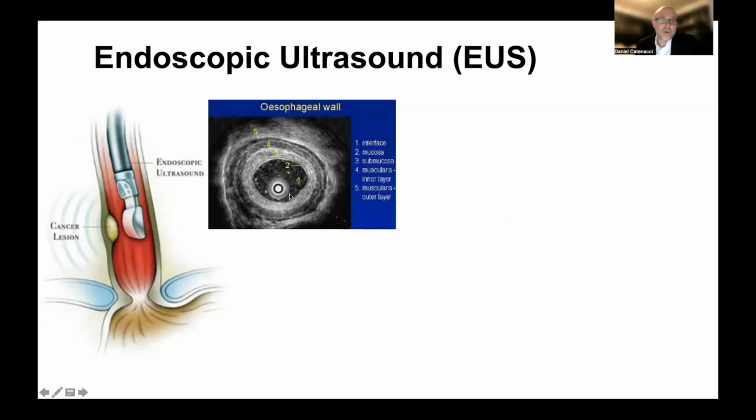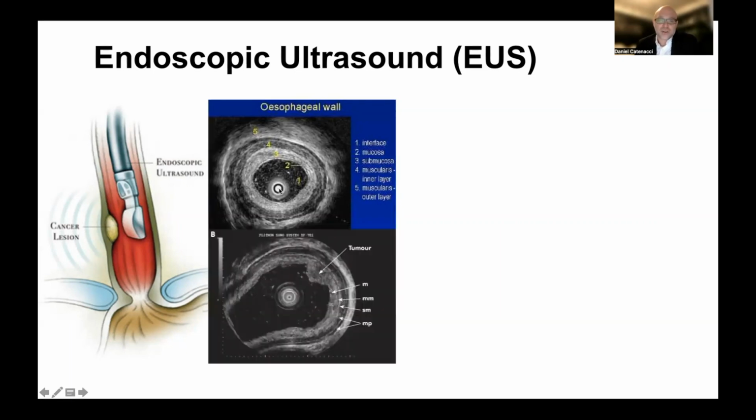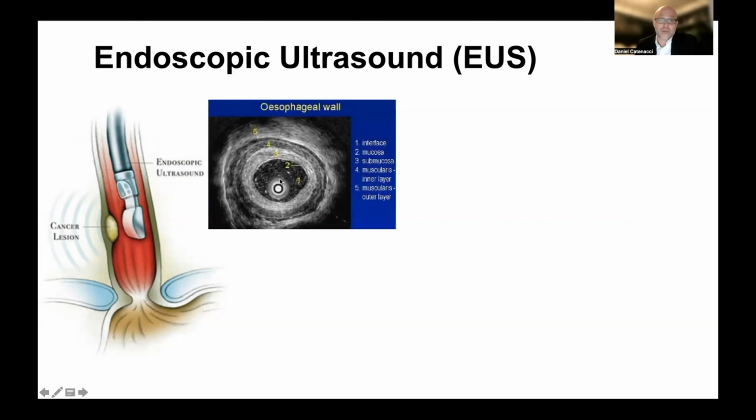So what this is showing is, if this is the esophagus and this is the probe going down through the esophagus, and this is a cross section through the wall of the esophagus, the ultrasound can help to look at the different layers from inside to the outside of the esophagus, like an onion layer. Each of these layers has a name.